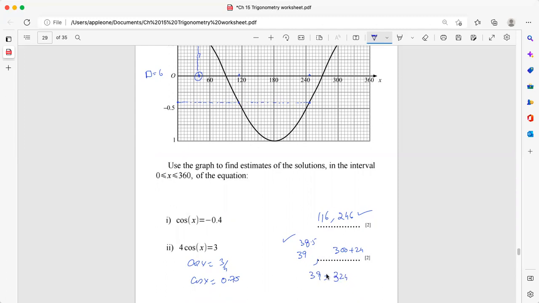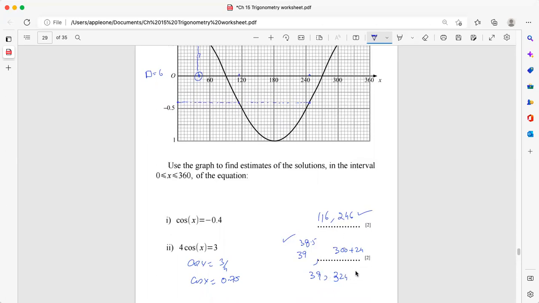But if we see the exact value, cos inverse 0.75, one answer is 41.4, and the other answer is 360 minus 41.4, which is almost 318.